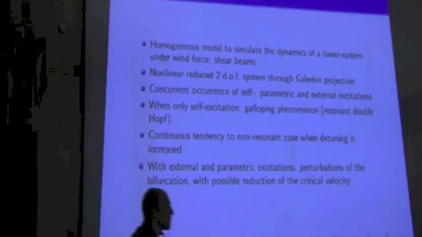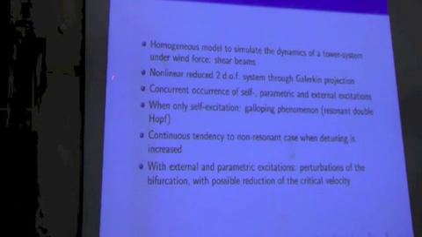Okay, so to draw some conclusions, we have considered a homogeneous model to simulate the dynamics of a tower system under the effect of the wind. So we consider shear beams. We obtain a two degrees of freedom system after a Galerkin projection, and consider the concurrent occurrence of self, parametric and external excitations.